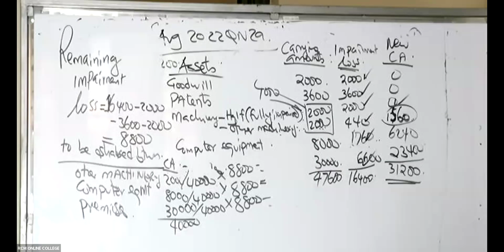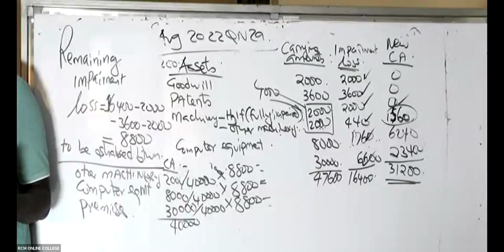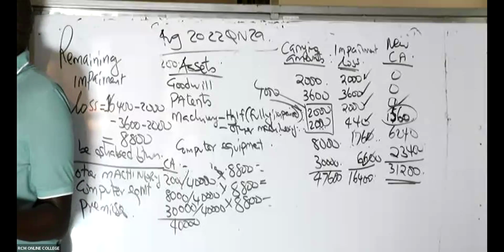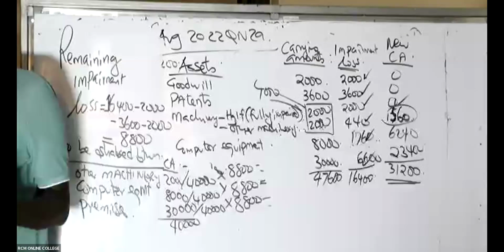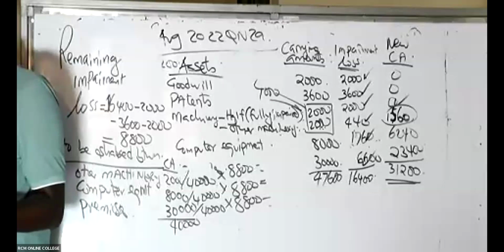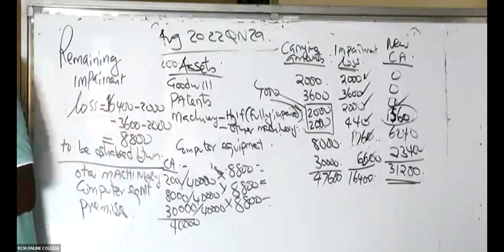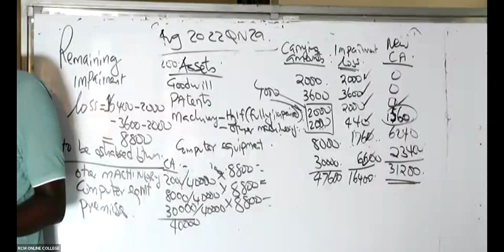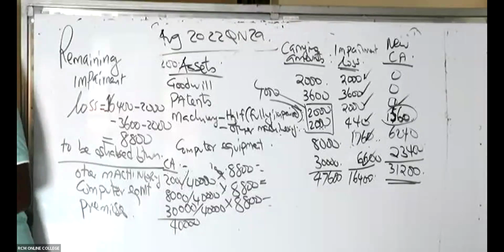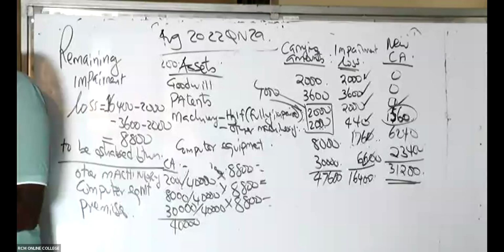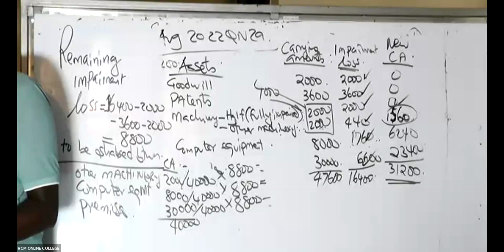2021, question number 5C. So we are doing September 2021, question number 5C.